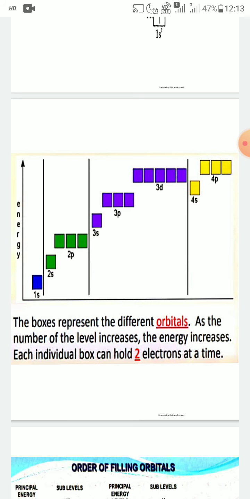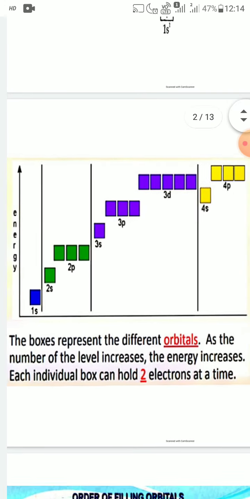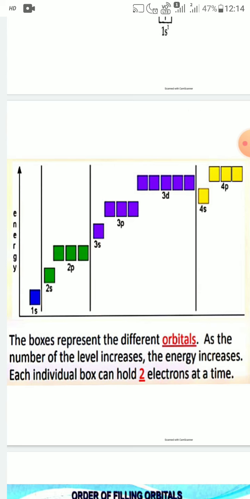In this diagram, it is shown that the energy of the orbitals increases as you go from the bottom to the top. At the left extreme of this diagram, it is written that energy increases from bottom to top.